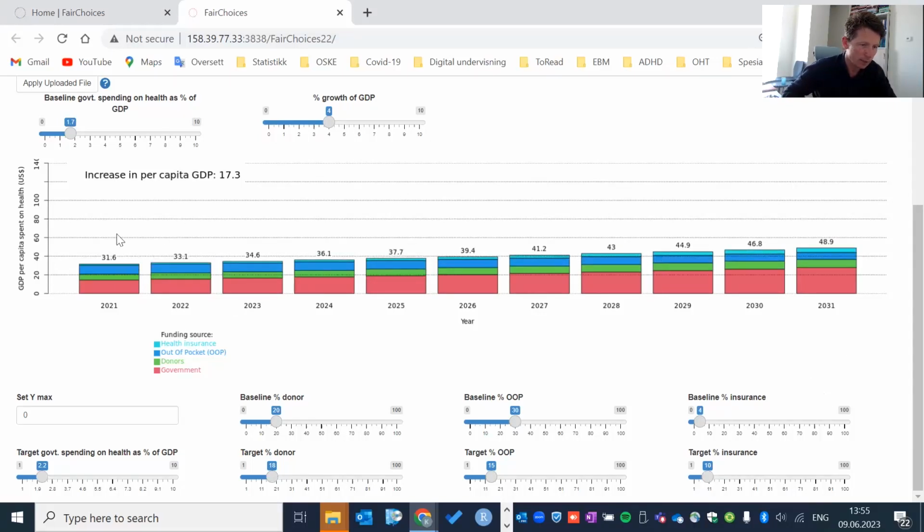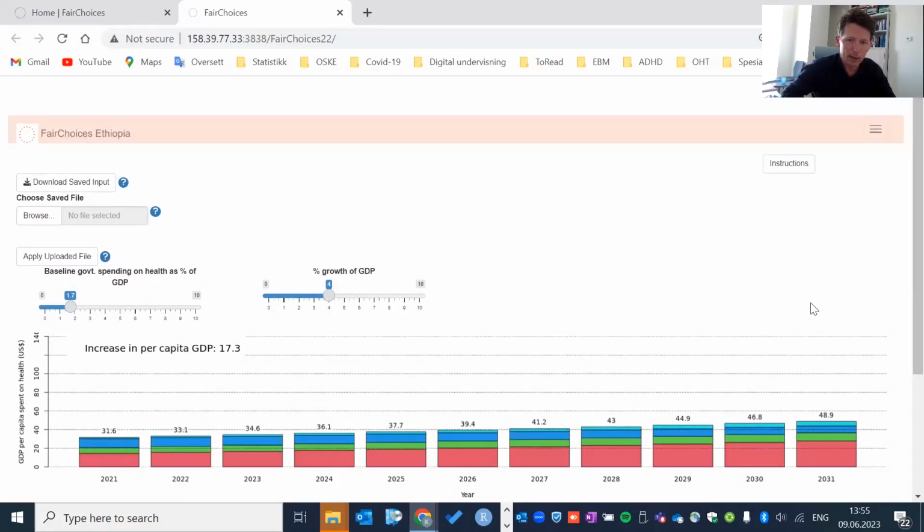You can go from baseline budget today, where it's $31.6 per capita, and maybe you want to then aim for 48.9 in 2031, or over the next 10 years. So that would be around $16, $17, but let's assume you have $15 per capita. You can increase the health budget over 10 years.